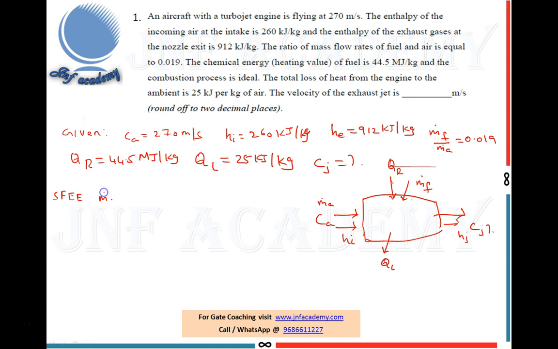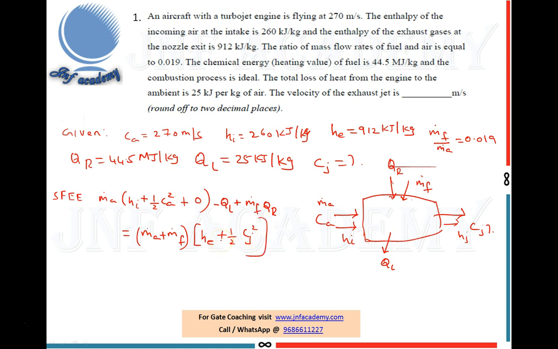If you apply the steady flow energy equation as we studied in the class, m dot A into (HI plus CA square by 2), plus 0 for work, minus QL because the energy is getting lost here, plus the amount of fuel m dot F into QR, the fuel heating value, is equal to the total mass flow rate, m dot A plus m dot F, into (HE plus CJ square by 2).